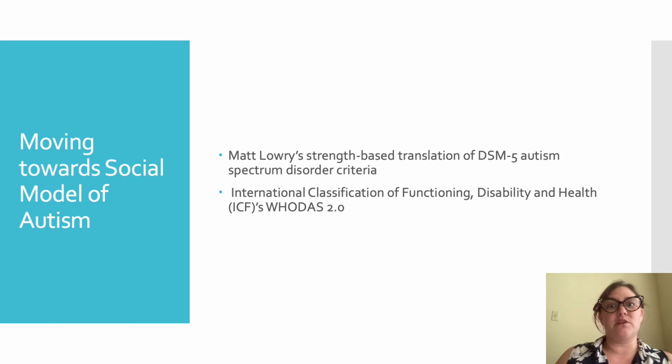That model has created an assessment called the WHODAS 2.0, and you may recognize this from the DSM-5, because that was another big change in the DSM-5, not just for autism but across all diagnoses: we moved from using a general assessment of functioning, or GAF score, to it being recommended to use the WHODAS.